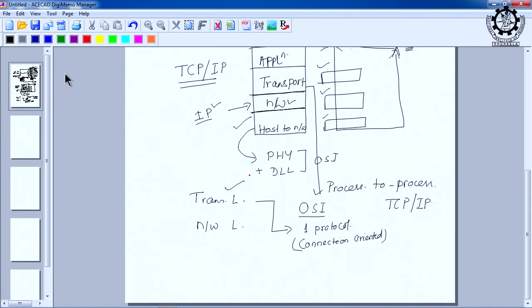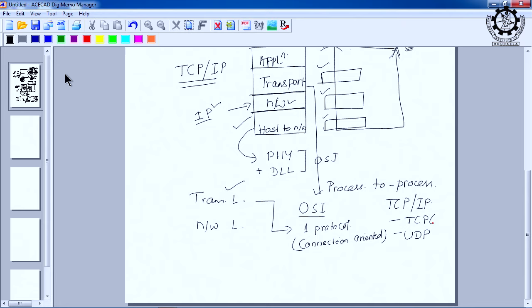But while coming to the TCP/IP reference model, the same transport layer has got two protocols. One is TCP, another is UDP. TCP being connection oriented and UDP being connection less.